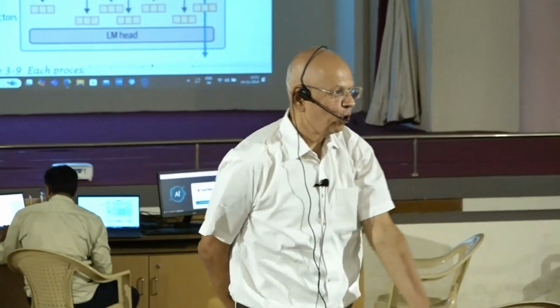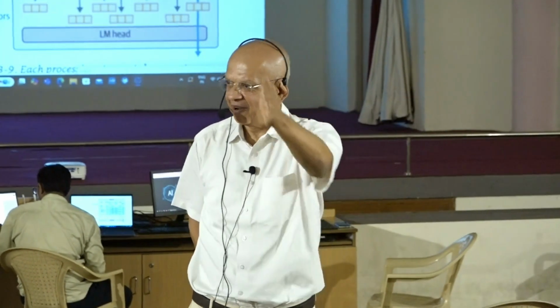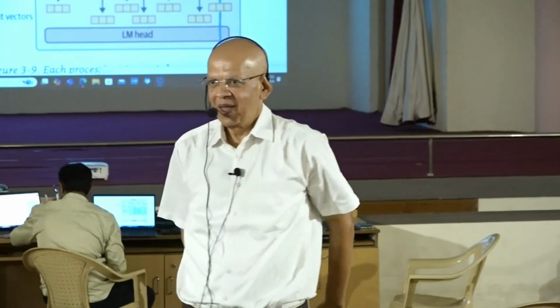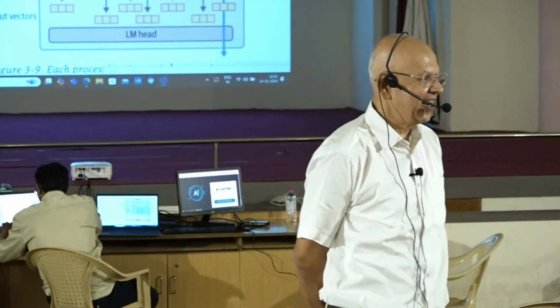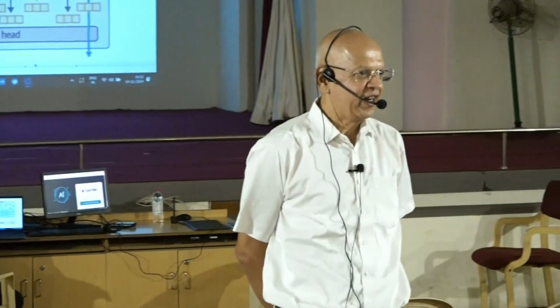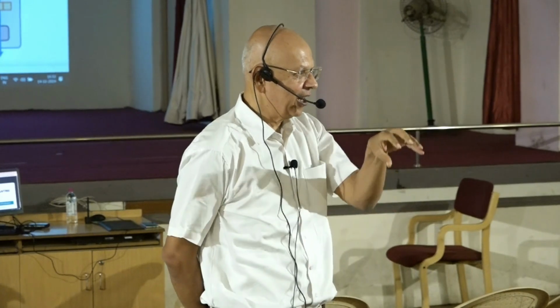For each token, it is producing one output vector. But if you notice, the LM head is not showing interest in any of the earlier 5 tokens. It is consumed by only the last token. I mean, it's showing interest only in the last output vector, sorry.